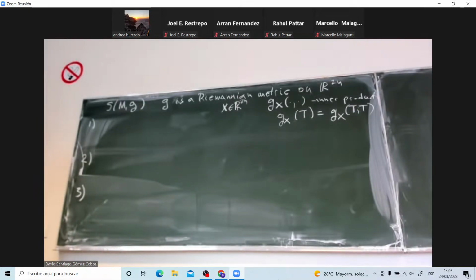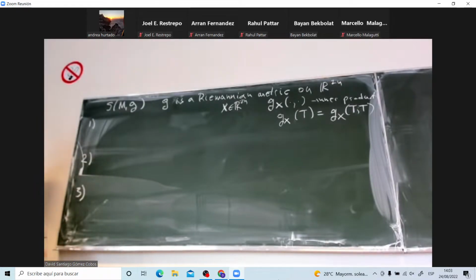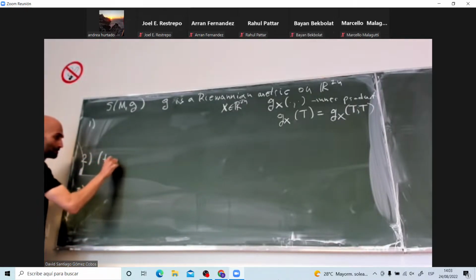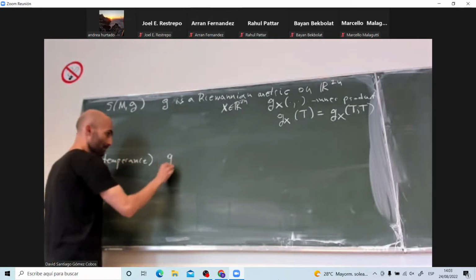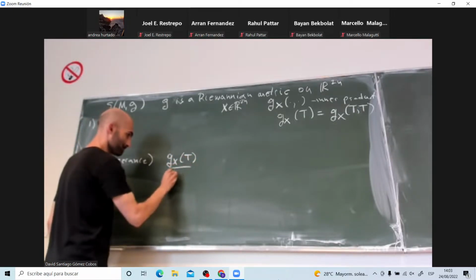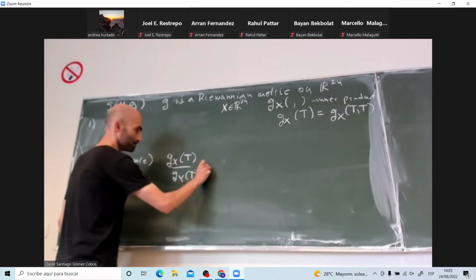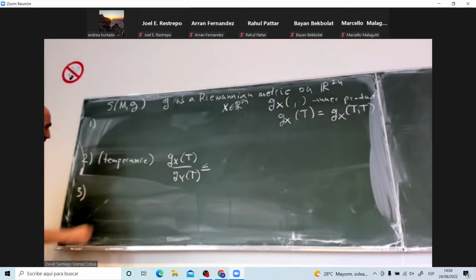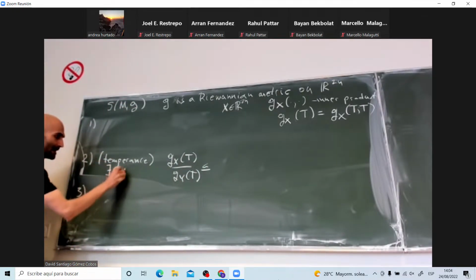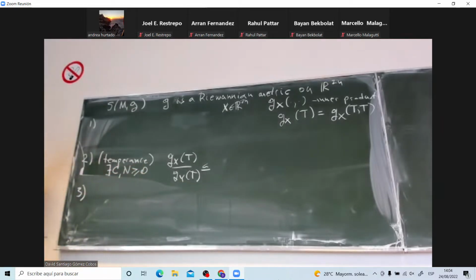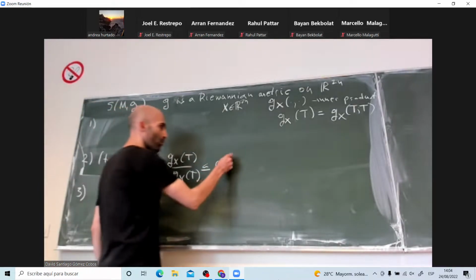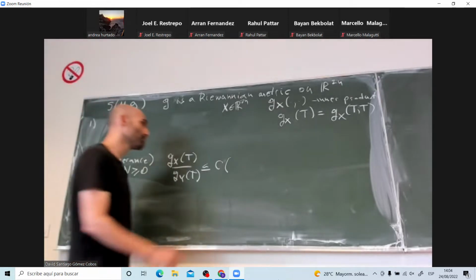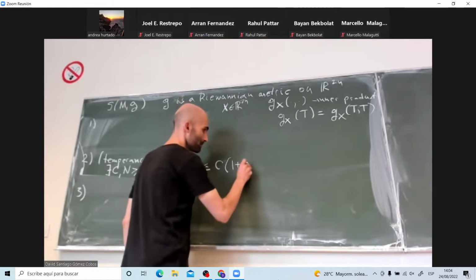And now the three conditions were the following. Let's give them the proper name now. This is called temperance. And this says the following: there exist C and N such that this quotient is bounded polynomially with respect to the symplectic dual.